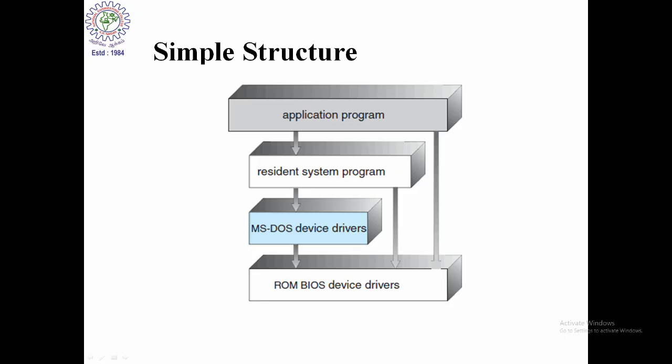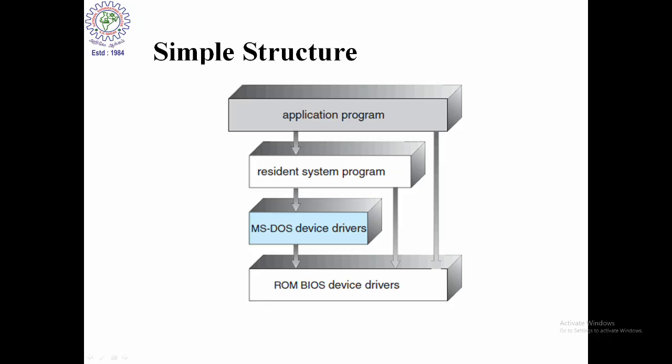In this structure, the interfaces and the levels of functionality are not well separated, because the application programs are able to access the IO routines, and they can write directly to the disk drivers.